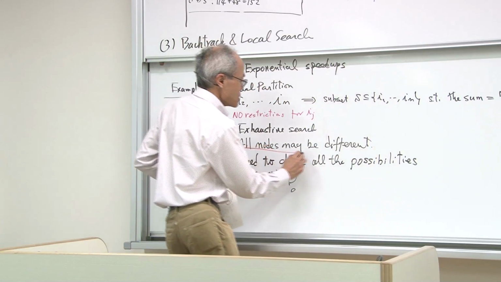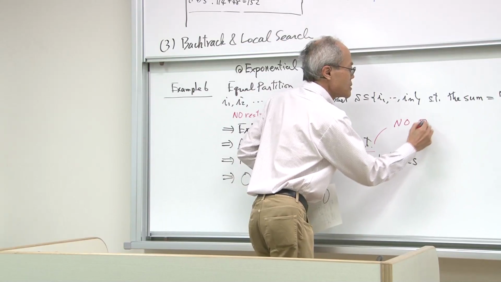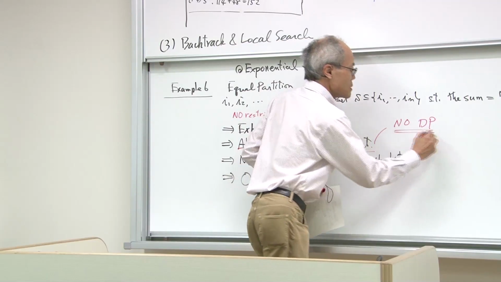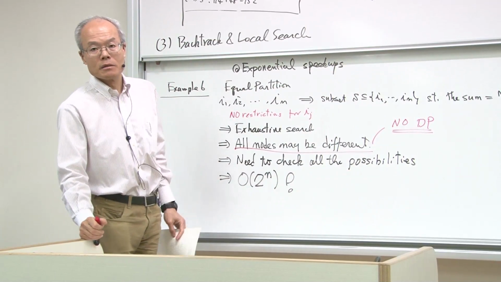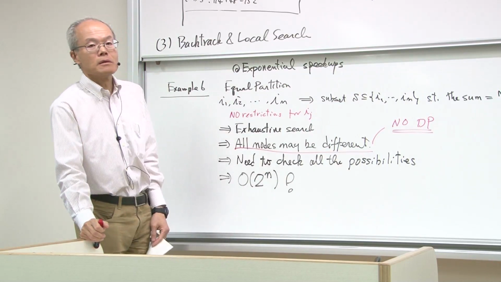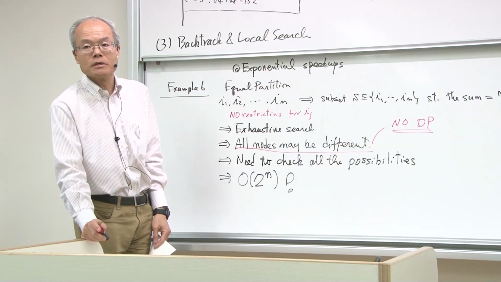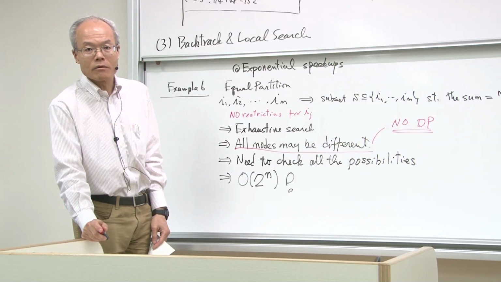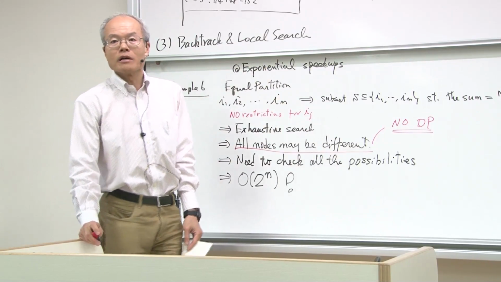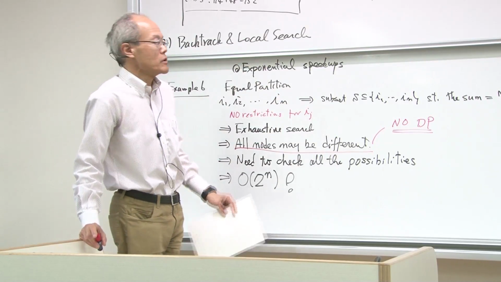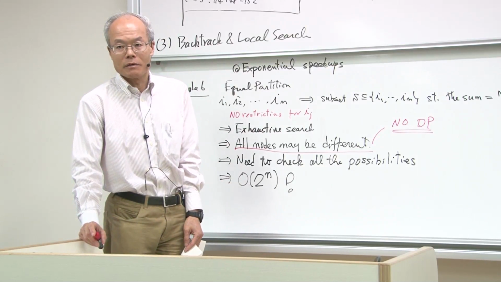So this is important. Now, no DP. We can't use dynamic programming because of this. And you already know that we can't use divide and conquer either. That means we have no way. We have no idea about how to reduce this complexity significantly. Okay.